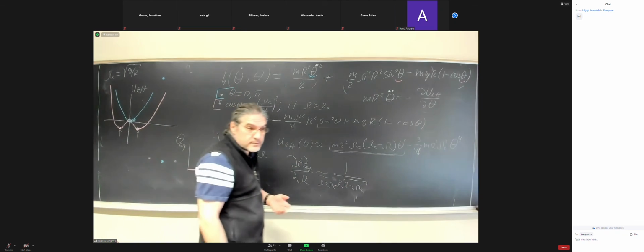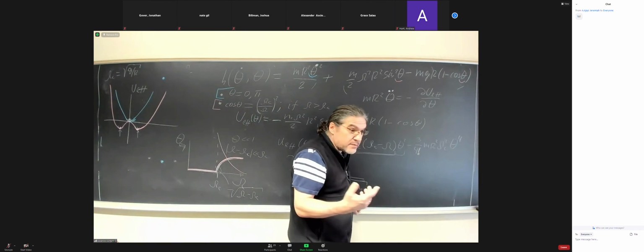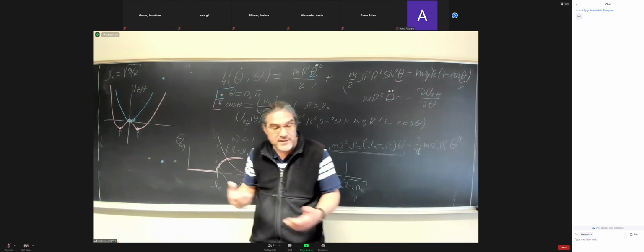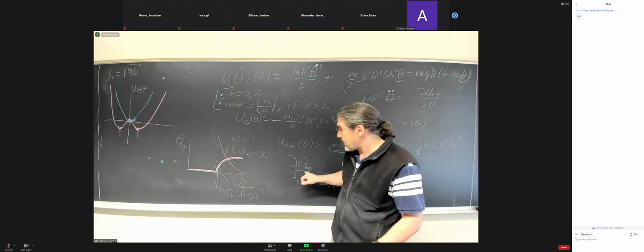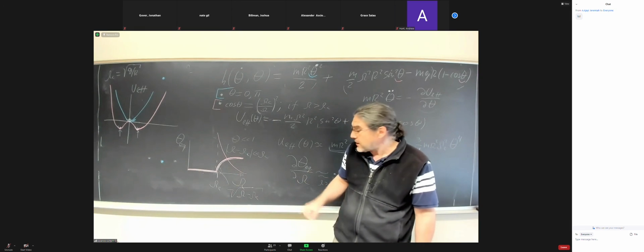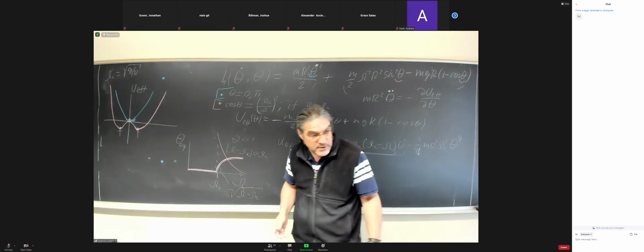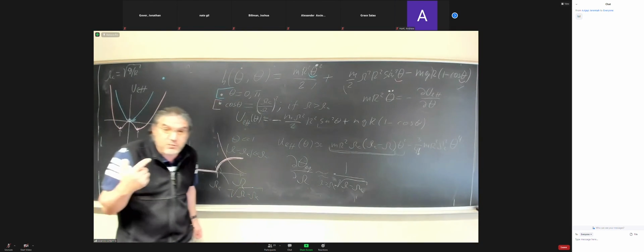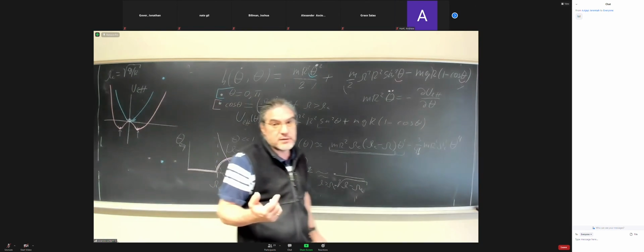So it means that my system responds very enthusiastically to small changes of omega. I change it by a little bit, and theta, bam, I multiply it by infinity. That's why noise is so important.